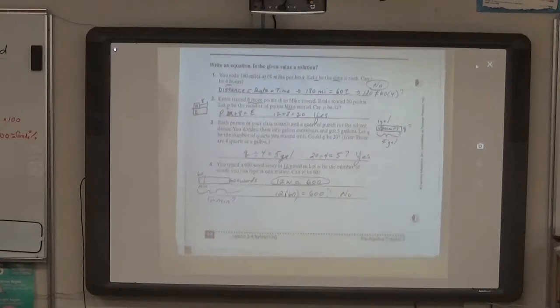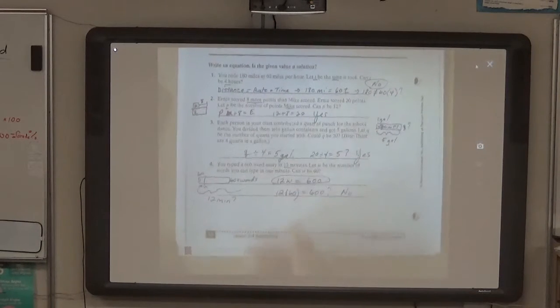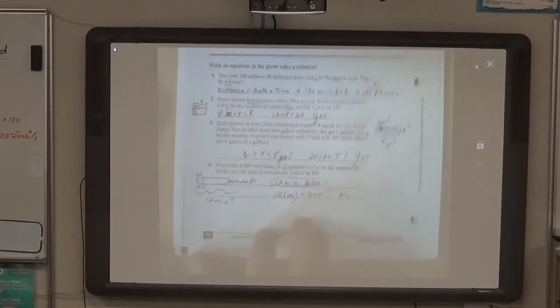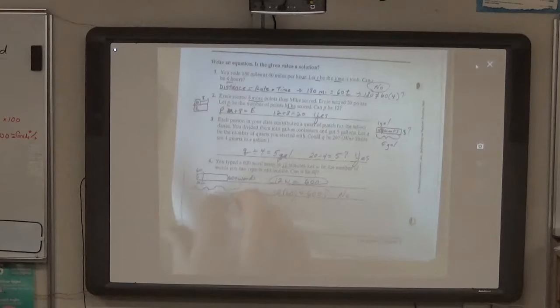The number of minutes times the number of words per minute would equal a total. It's kind of like the distance formula. The rate at which you can type is 60 words per minute. So if you type for 12 minutes, you would get the total words. But it would only take 10 minutes to do 600 words at 60 words a minute, not 12. So if we put in the number given, that's a false equation.